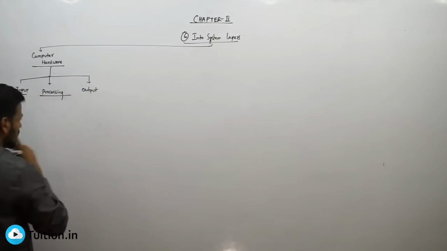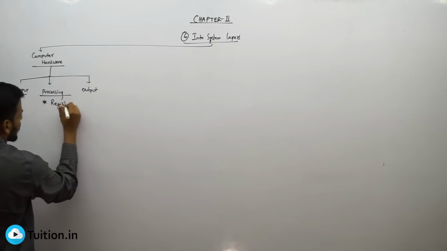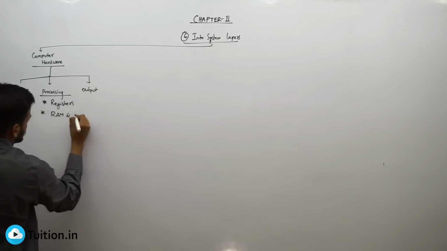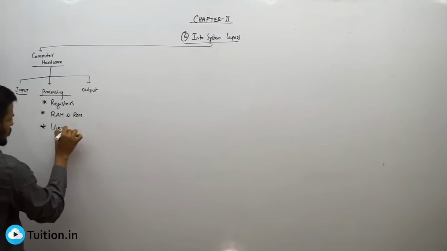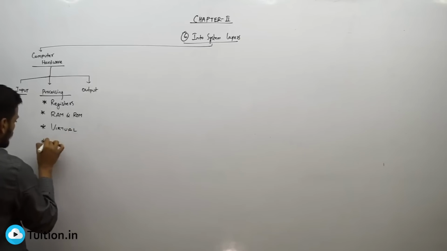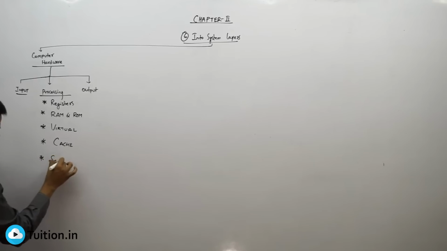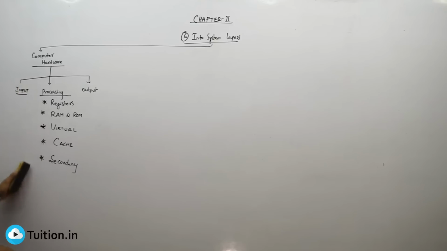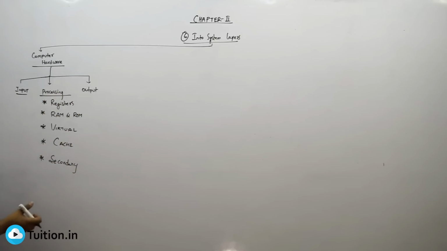When it comes to processing, we have temporary memory like registers. Then we have RAM and ROM. We also discuss another very important short answer question called virtual memory. Then we have cache memory. And then of course we have secondary storage devices, right, secondary memory. So these are all where we are supposed to store, and those are all the hardware that maintains processing and storage devices.